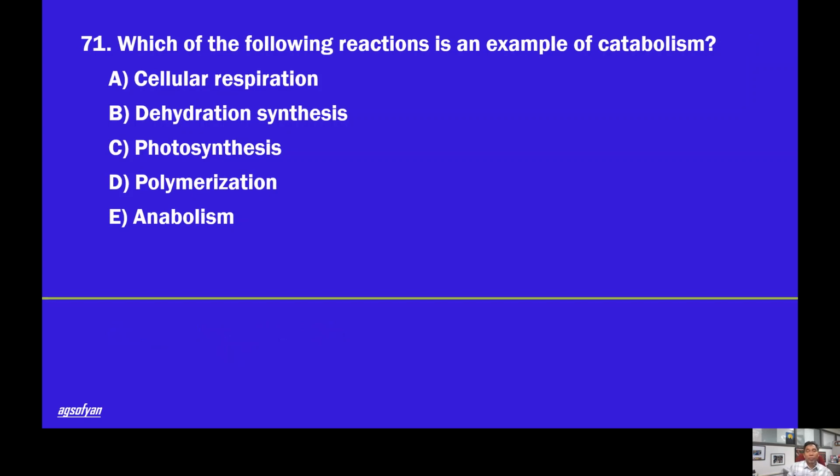71. Which of the following reactions is an example of catabolism? A. Cellular respiration, B. Dehydration synthesis, C. Photosynthesis, D. Polymerization, E. Anabolism. Choose your answer. Yes, the answer will be cellular respiration.